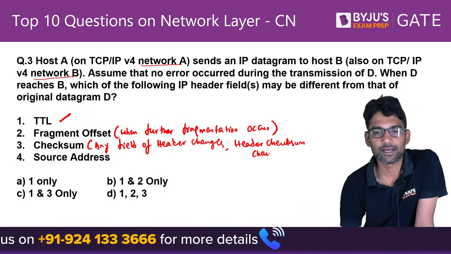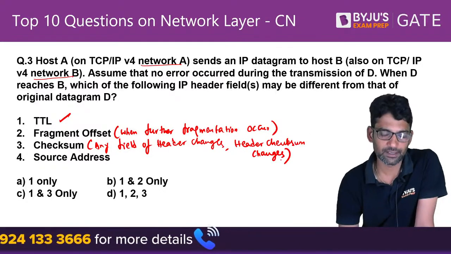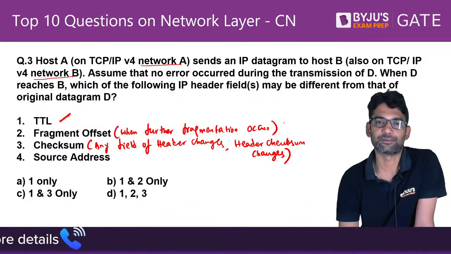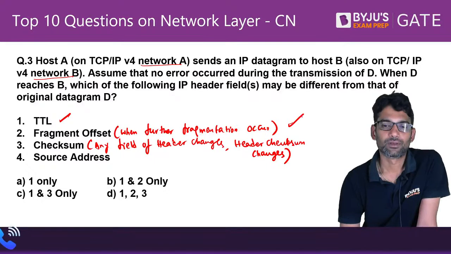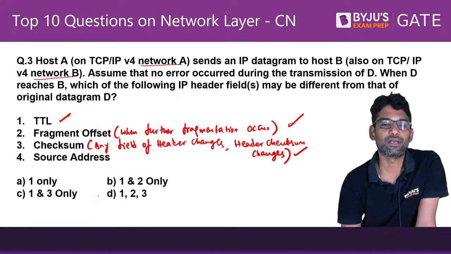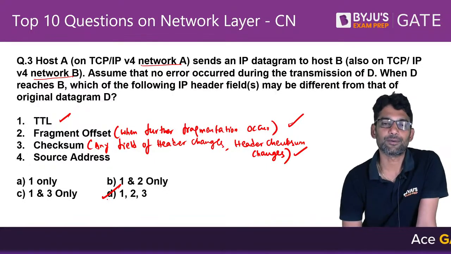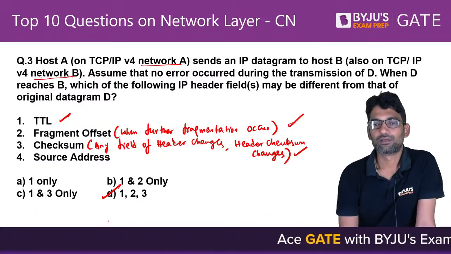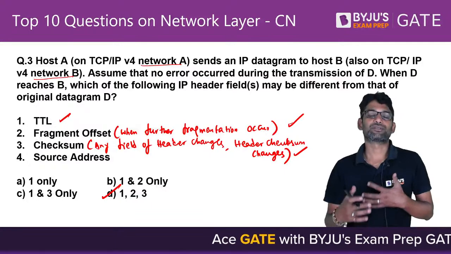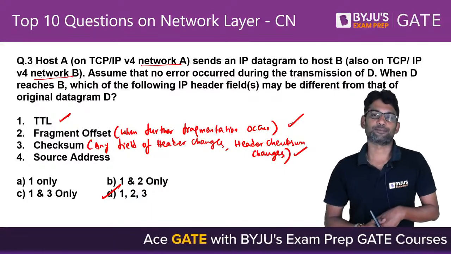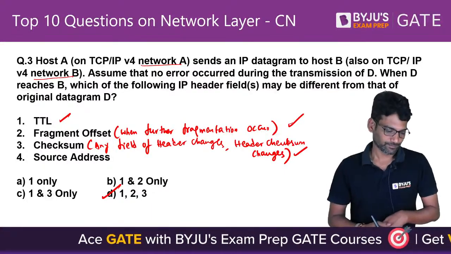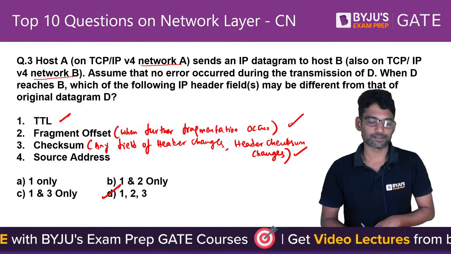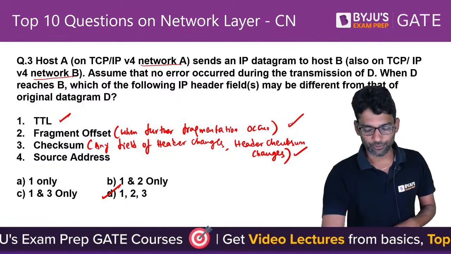That means at every intermediate network, checksum is computed freshly. So these three may change, but source address definitely will not change. So from the original datagram, these three may be different. Yep, correct.